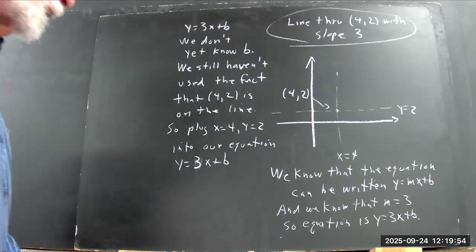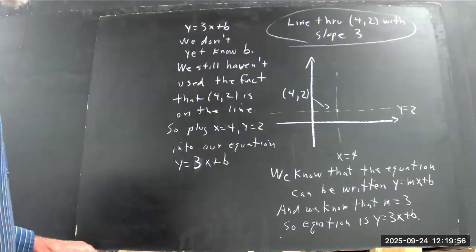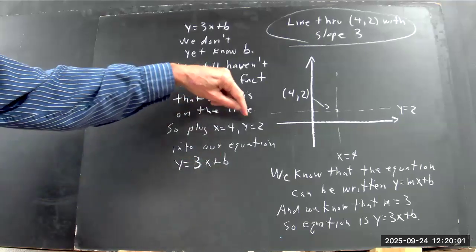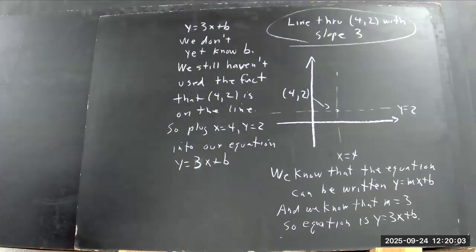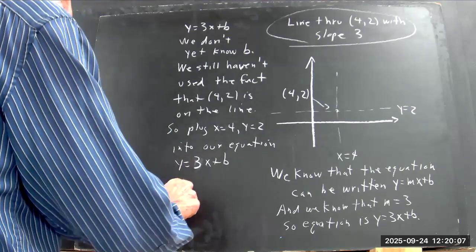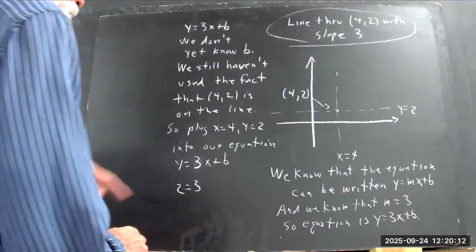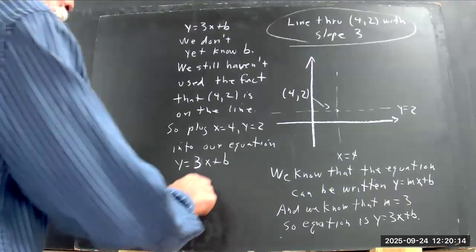Okay, unfortunately, we're too short of time for me to give you any more time to do that, but it should be quick. We got y equals 3x plus b and x equals 4 and y equals 2. Well, if y is 2, we're going to write 2. And if x is 4, we're going to put a 4 where x is.